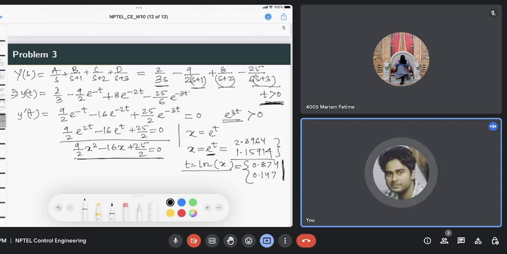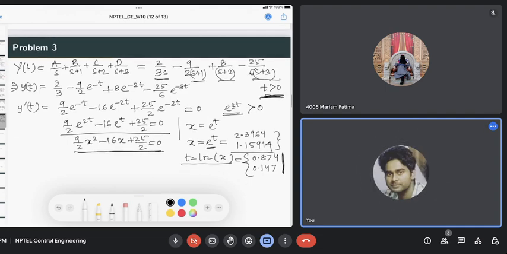Okay, then we have to verify out of these two values which one actually gives this undershoot, that means the minimum value. So what we will do, we will take the second derivative of y, and if it is negative then it is the maximum point, and if the second derivative is positive, then the t value will give the minimum point, right? So the second derivative you can compute from this.